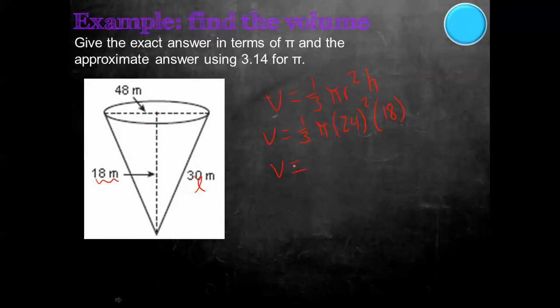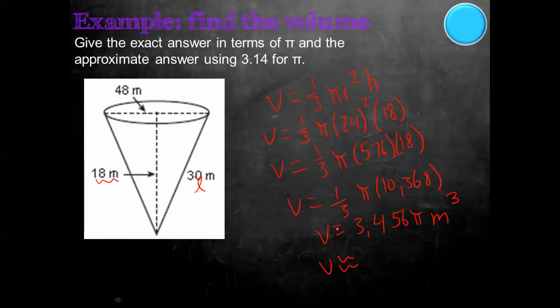So now we're just going to solve this out. We're going to take 24 times 24, which is 576. And then we are going to multiply that times 18, which is 10,368. And then we're going to take 10,368 and times it by 1/3, or it's the same thing as dividing it by 3, which is going to give us 3,456 pi, because it wants the exact answer in terms of pi, meters cubed.